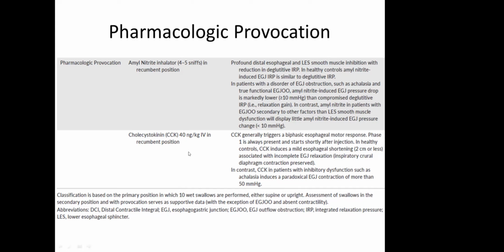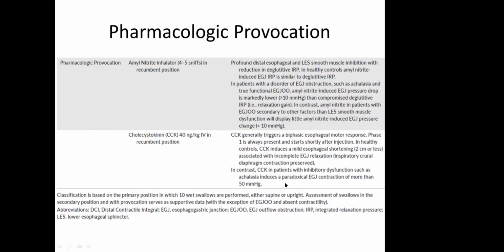The other agent that is introduced is IV cholecystokinin. Cholecystokinin triggers two phases of response, which I'll show a bit later on. Basically, it induces a bit of shortening of the lower esophageal sphincter, and also some relaxation of the EGJ.